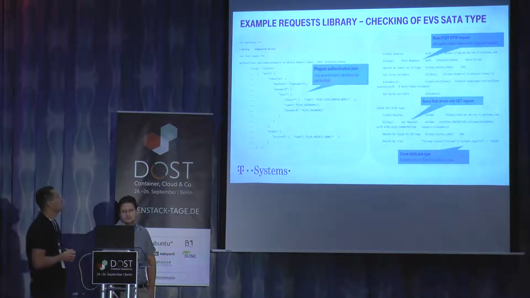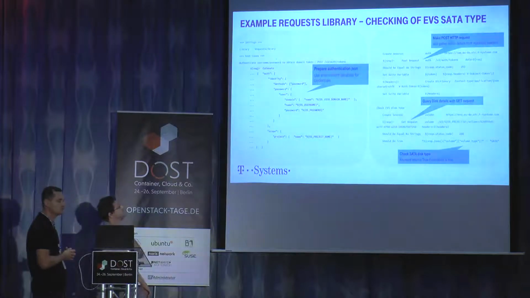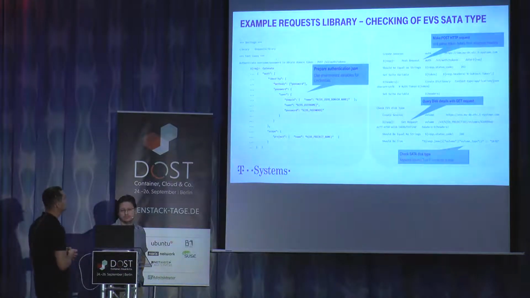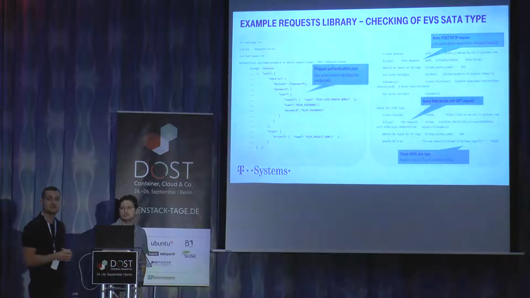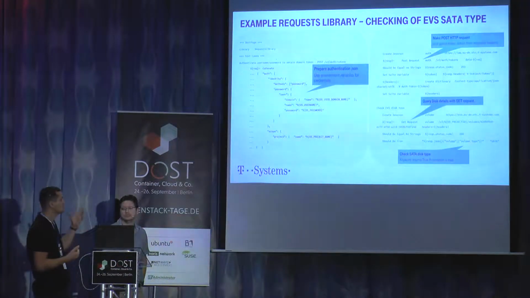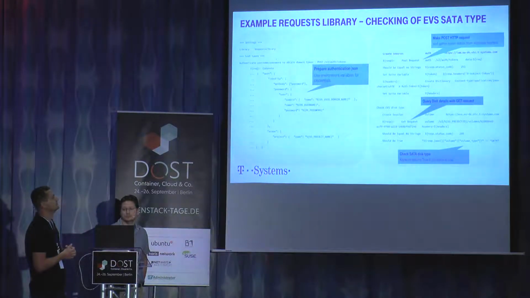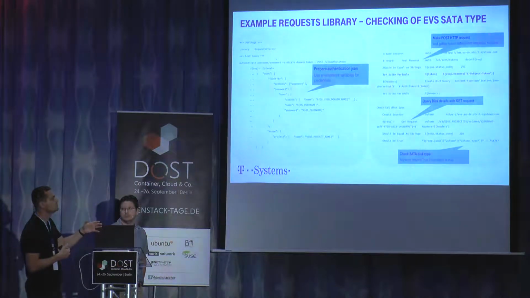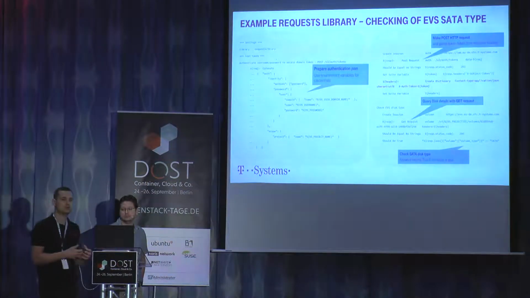So what we need with using the upstream request library, first of all, we need a token. For that token, we need to ask the identity endpoint to get a token. First step, the data request, then we create a session, then we issue a post request, then we check the return code, then we set a token, extracting the X subject token field from the response, and then we set a headers variable into which we put our token.